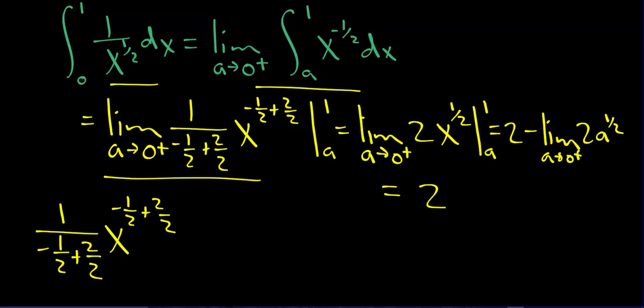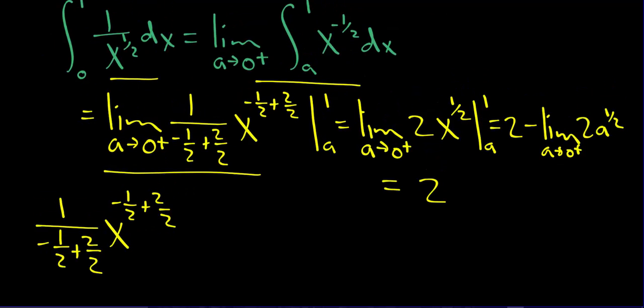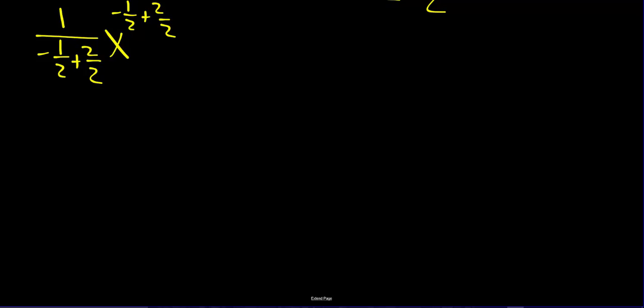Okay, so this is how we deal with situations where in the interval over which we're integrating, we have a vertical asymptote. We have some place where the function is not defined. Okay, any questions about that? Okay, so let's look at another one here.